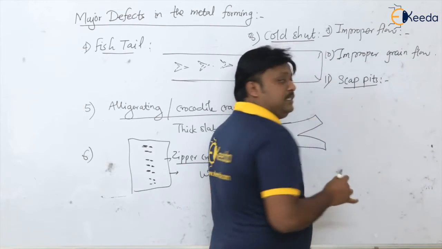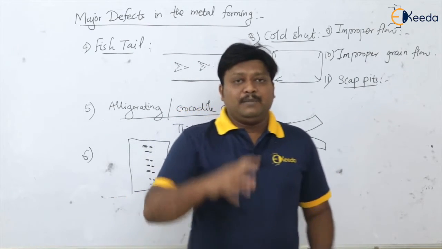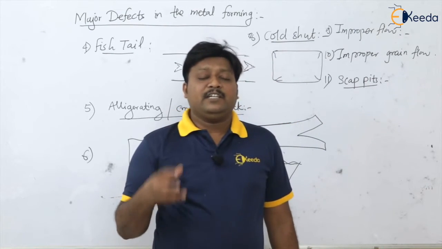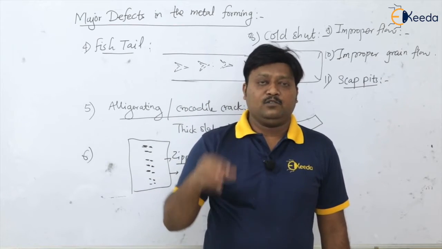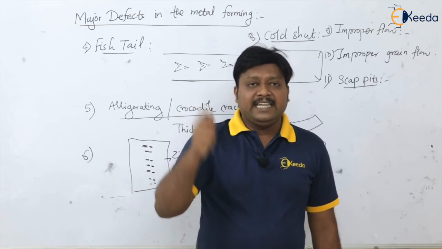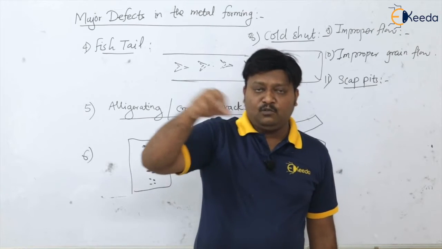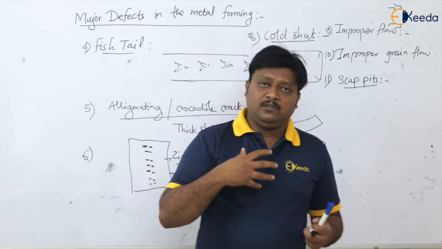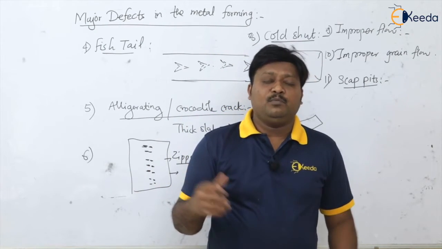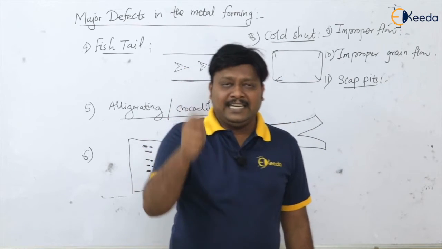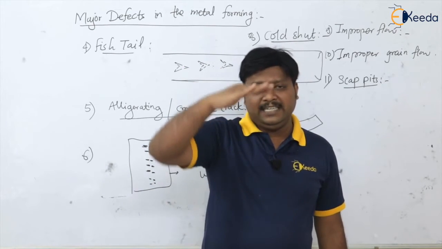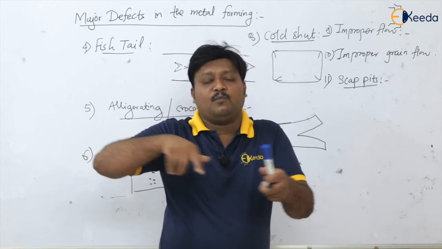So what are scale pits? Suppose the billet material or raw material you have taken for the forging operation has scale or inclusions present on the work surface, and you carry out the forging operation. The scale or dust or inclusion gets embedded onto the surface of this raw material.